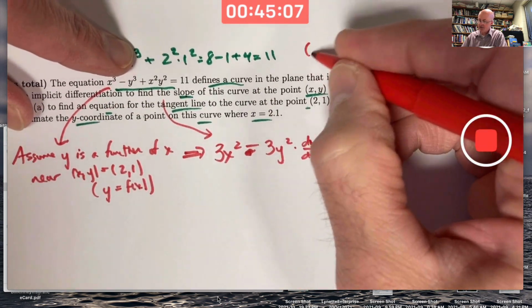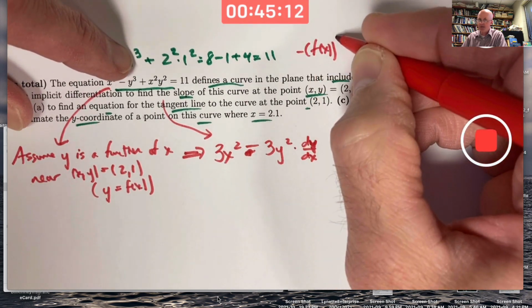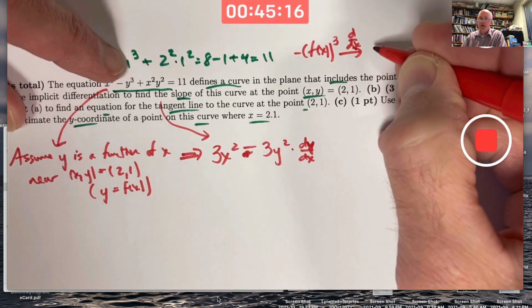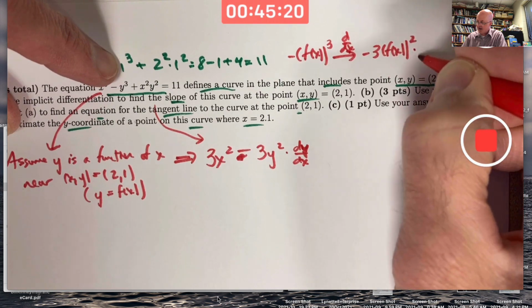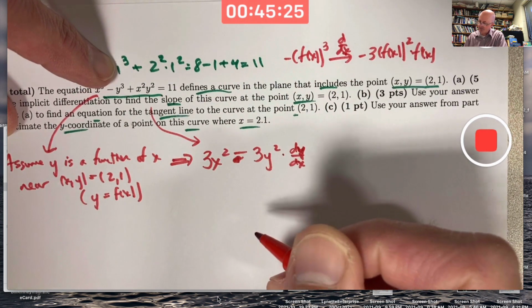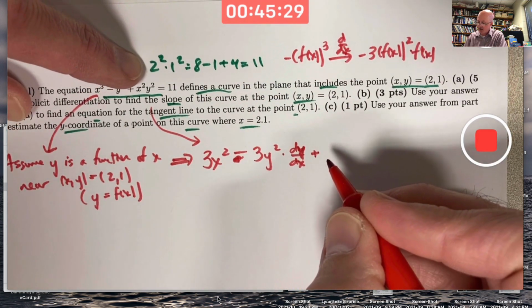If you were using f of x notation, that negative y cubed would be negative f of x cubed, and the derivative with respect to x would be minus 3f of x squared times f prime of x. That's the chain rule. That's what I did here, except with different notation. With this term, I need not just the chain rule, but also the product rule.